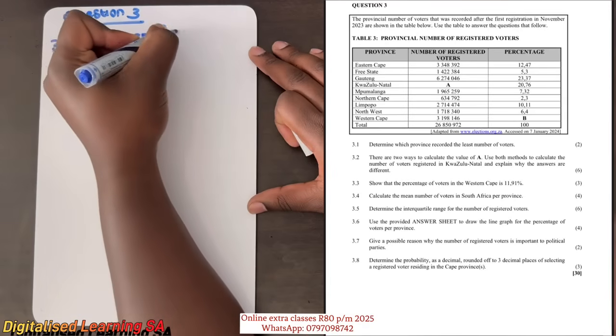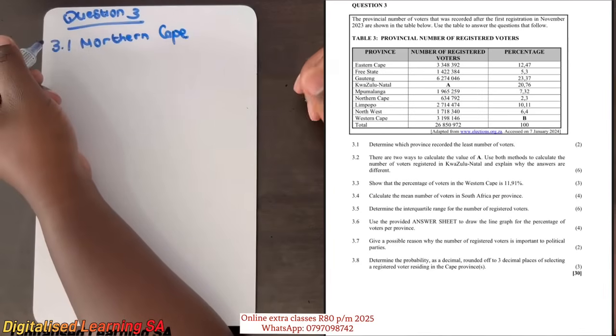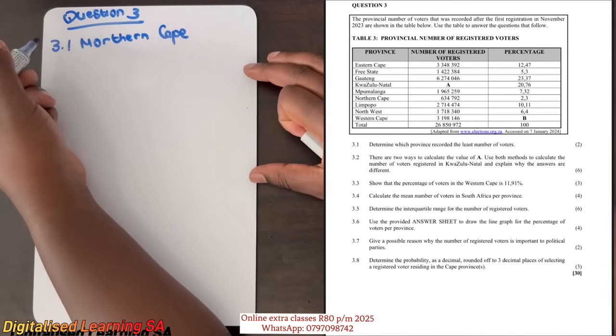Okay, and we can also see that the number of registered voters for KwaZulu-Natal is not provided, but if you look at its percentage, you can see that it is 20.76. And if you look at the percentage for Northern Cape, you can see that it is 2.3, meaning that the value of A won't be the least number of registered voters.